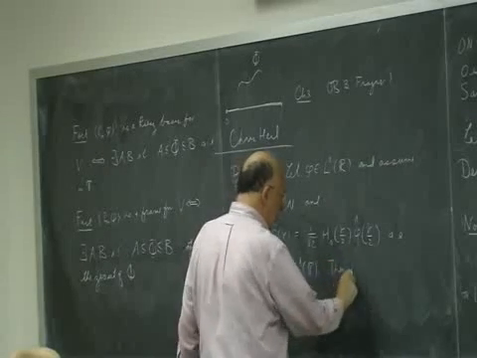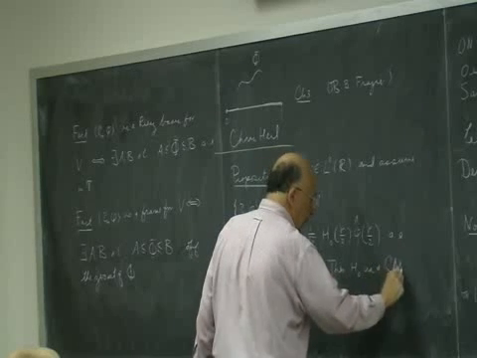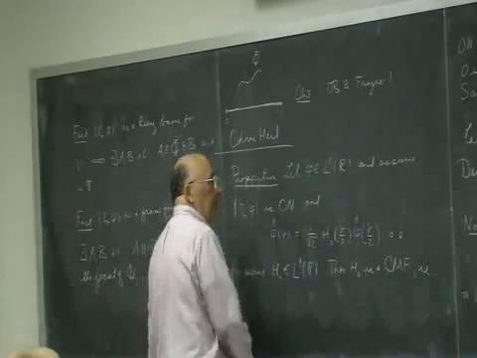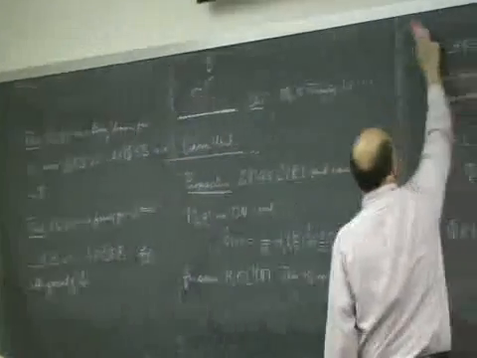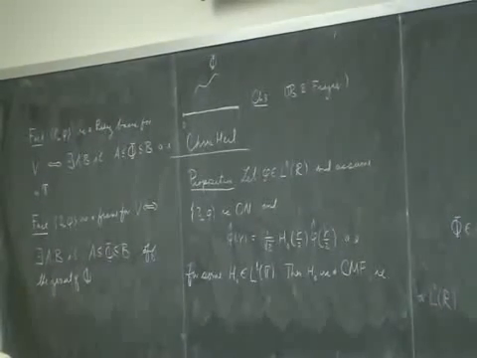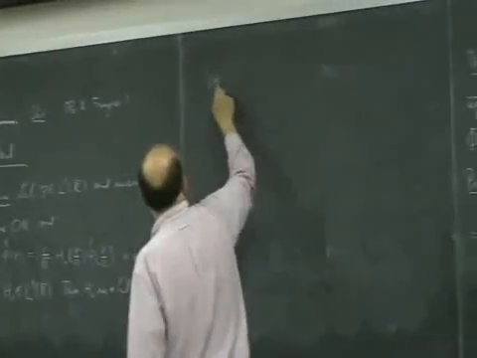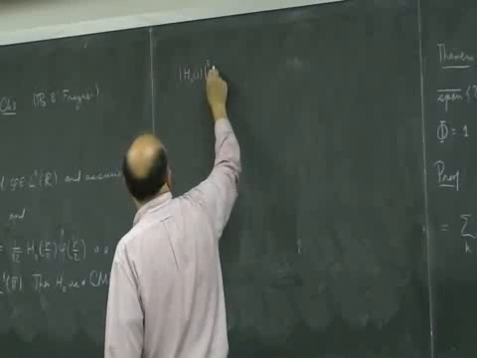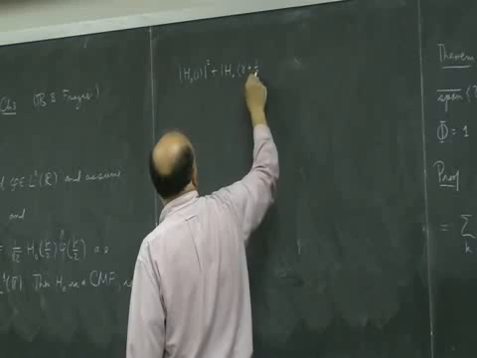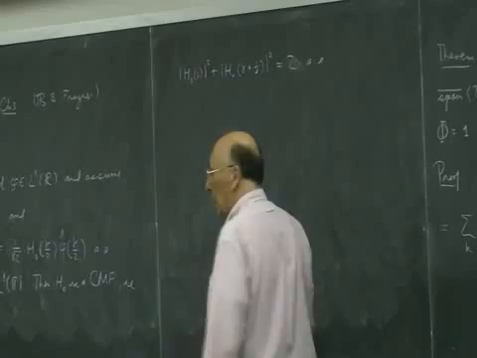Then H0 is a conjugate mirror filter. And just to refresh your memory, that just means H0 of gamma squared plus H0 of gamma plus a half squared is equal to 2, almost everywhere.